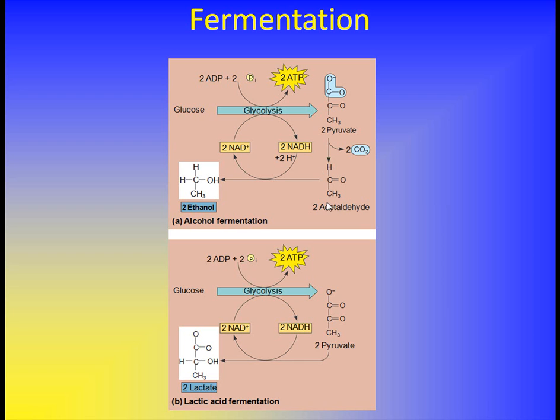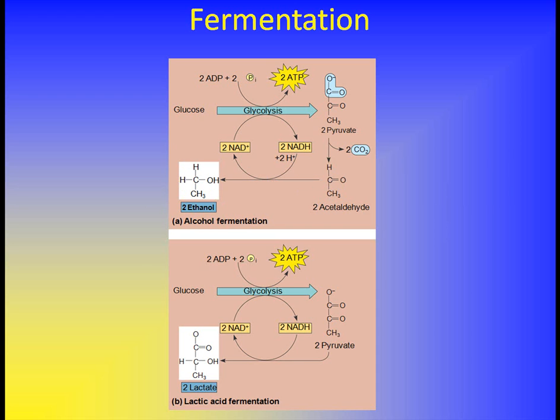That acetaldehyde will then cause NADH to be oxidized. So the hydrogens and electrons that were picked up during glycolysis will actually be put back onto the acetaldehyde, breaking this double bond between the carbon and oxygen, and then attaching 1 hydrogen there and 1 hydrogen there, and in turn oxidizing NAD+.